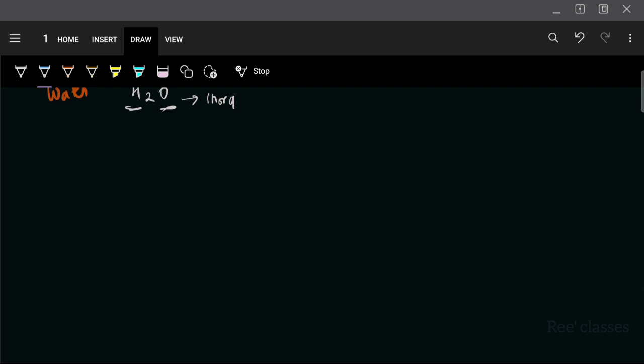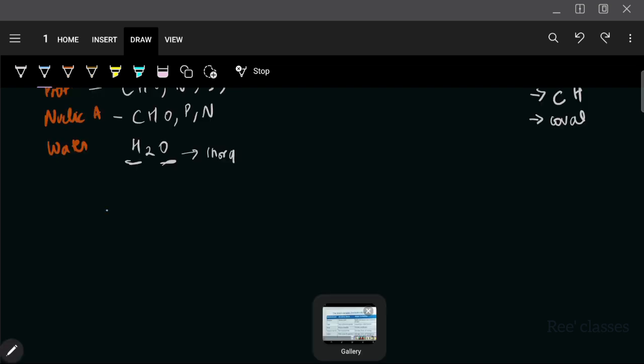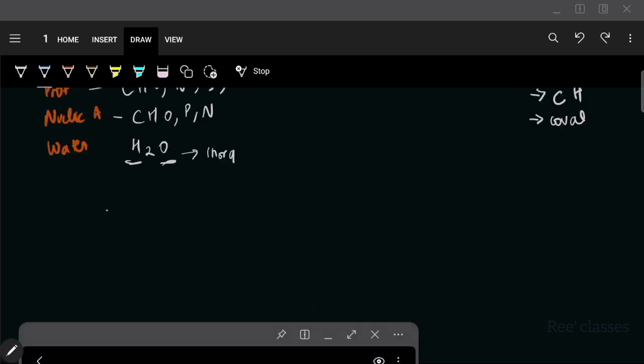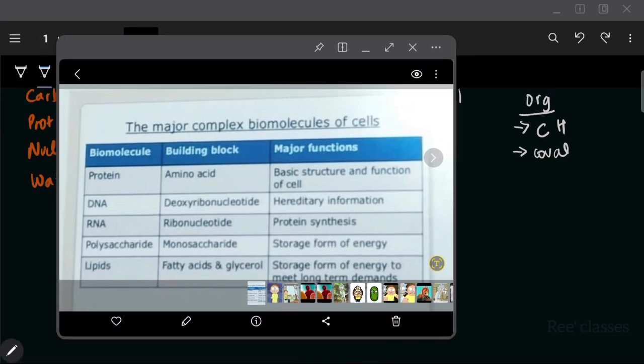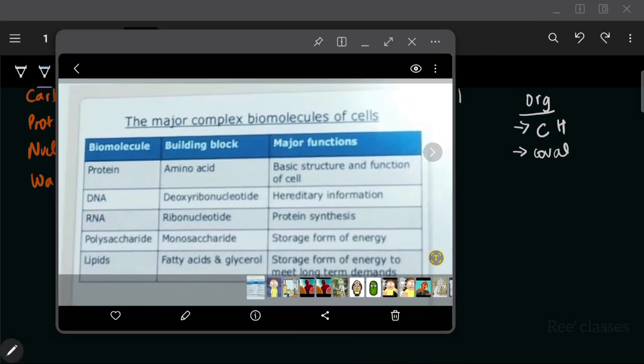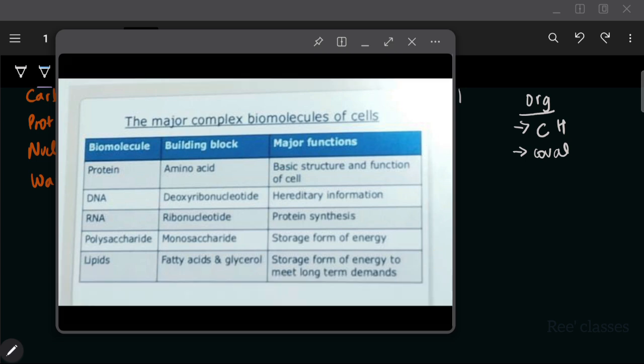Okay, now I'll introduce a chart here for your reference. These are telling us what is the building block of a certain molecule, right? Protein has amino acids, DNA, deoxyribonucleotide, RNA, ribonucleotide. Monosaccharides make up polysaccharides, while lipids are made of glycerol and fatty acids.